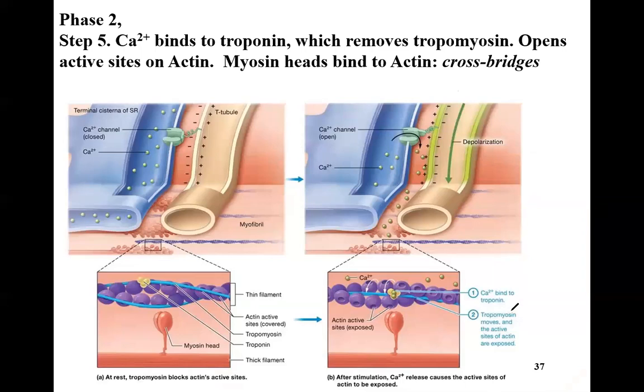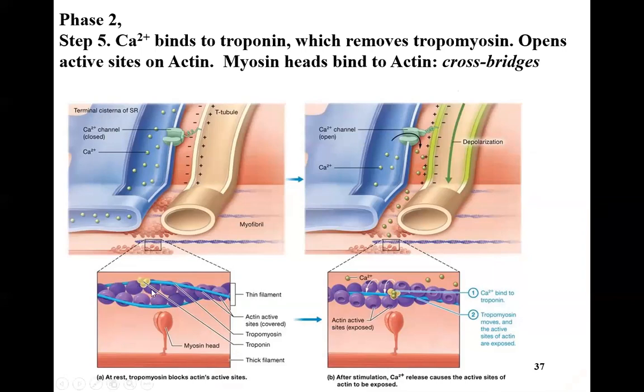Calcium is going to bind to troponin. Remember, troponin is the type of protein that is responsible for controlling whether or not those active sites on actin are actually open or not. This here is troponin.